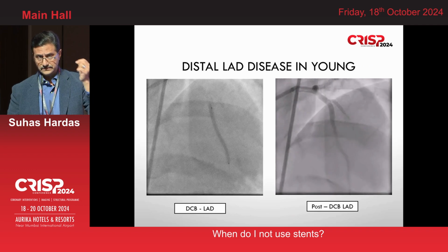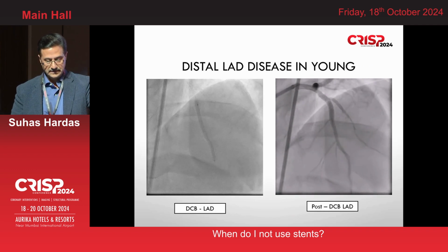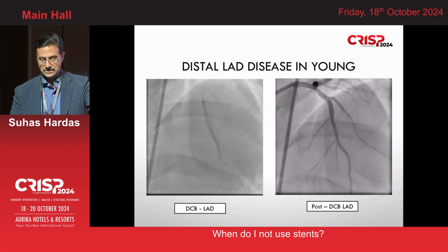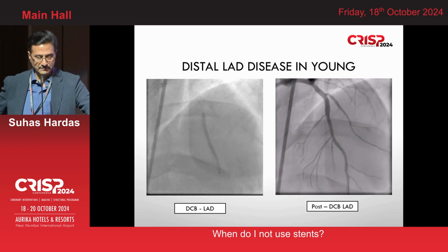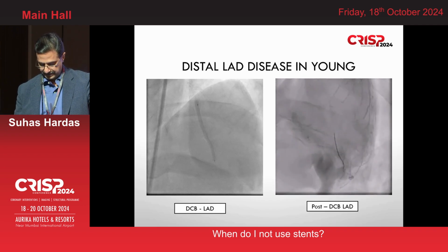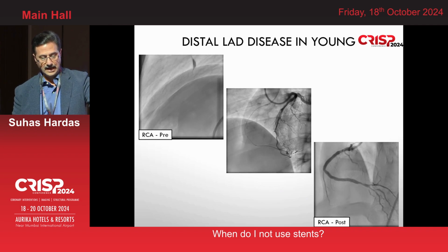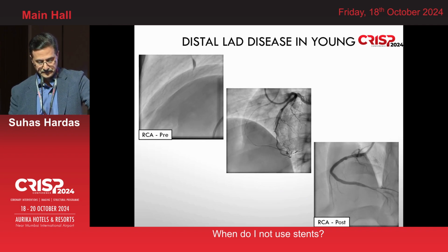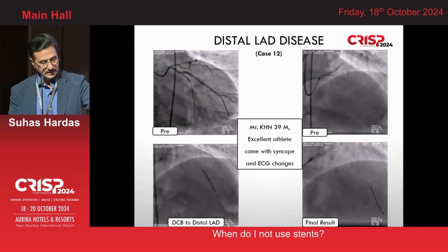Only 30 years, homozygous hypercholesterolemia, distal LAD, drug-coated balloon dilatation because of the possibility of recurrence of problem in this particular young individual with a very high risk. Bifurcation of the LAD diagonal was dealt with 2 stents, and the RCA was totally occluded with an aneurysm, which was also successfully dealt with. He has had myocardial perfusion scan 6 months back, which is normal.